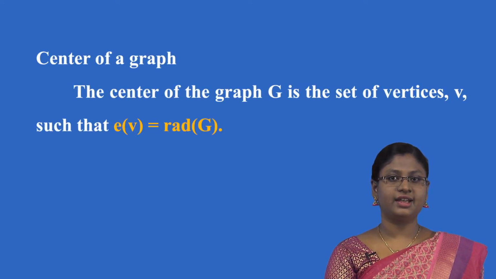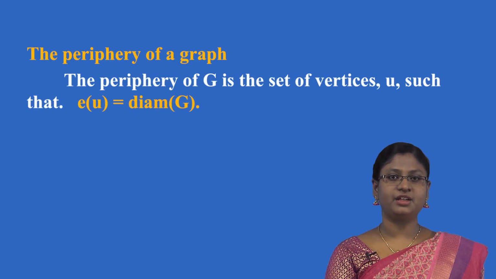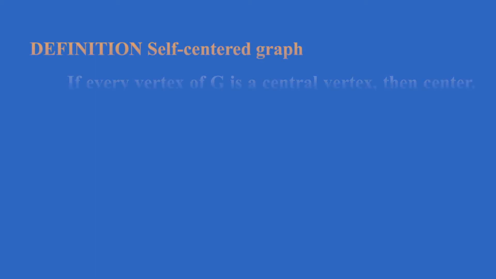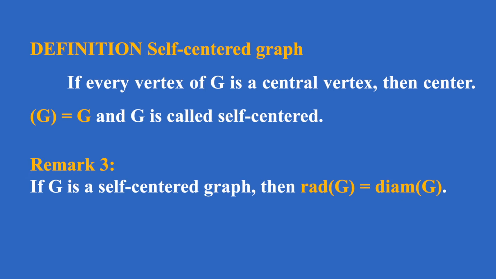The center of the graph G is the set of vertices such that e(v) is equal to rad(G), that is, eccentricity should be equal to radius of G. Let us see the definition of periphery of a graph. The periphery of a graph G is the set of vertices u such that eccentricity of u is equal to diameter of G.